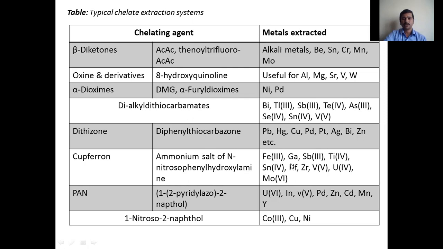So it is used for the extraction of iron 3, gallium, antimony 3, titanium 4, tin 4, hafnium, zirconium, etc. And PAN means 1,2-pyridyl azo 2-naphthol. It is used for the extraction of uranium, indium, vanadium, palladium, zinc, cadmium, manganese, yttrium, etc. 1-nitroso 2-naphthol is used for the extraction of copper, nickel, and cobalt 3. Therefore, these are the metals which can be extracted by using these chelating agents.